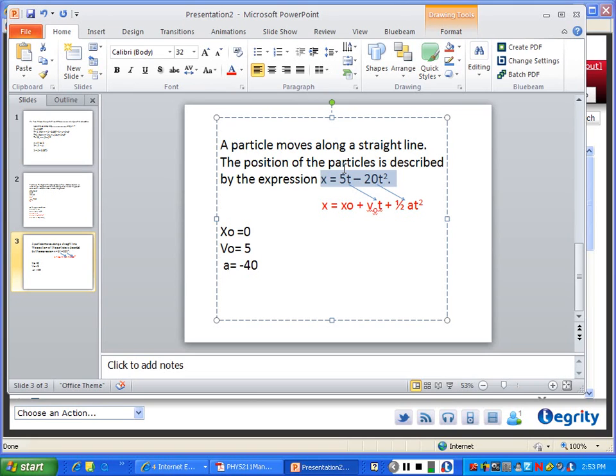So at what time does the particle return to its starting point? Okay, so we know at t equals 0, the particle's at 0. So when is it again at x equals 0? Right?